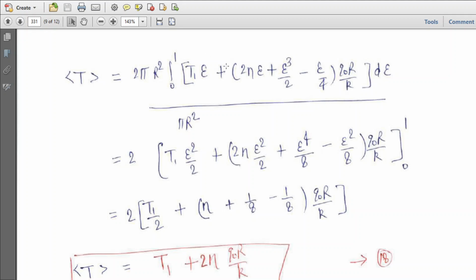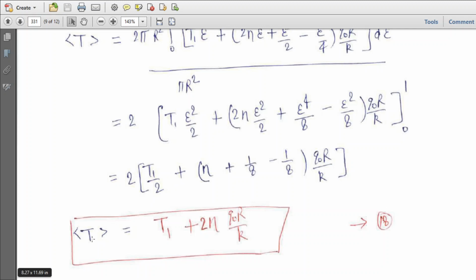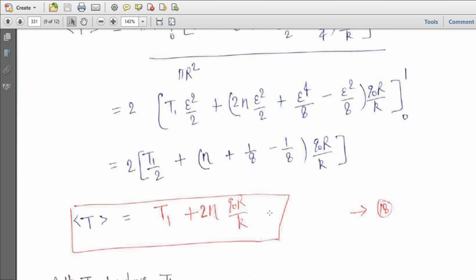So if you multiply it, you will get this, and after integration of this one, you will get T1 epsilon square upon 2 plus eta epsilon square upon 2 plus epsilon 4 upon 8 minus epsilon square upon 8 bracket close, q naught R upon k, 0 to 1. Substitute the limit here, so you will get the arithmetic average temperature equal to T1 plus 2 eta q naught upon R.